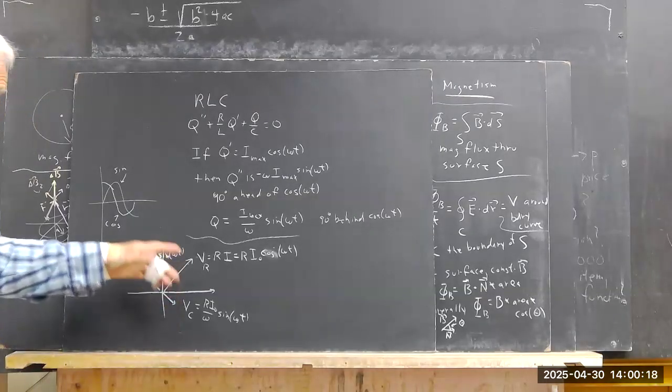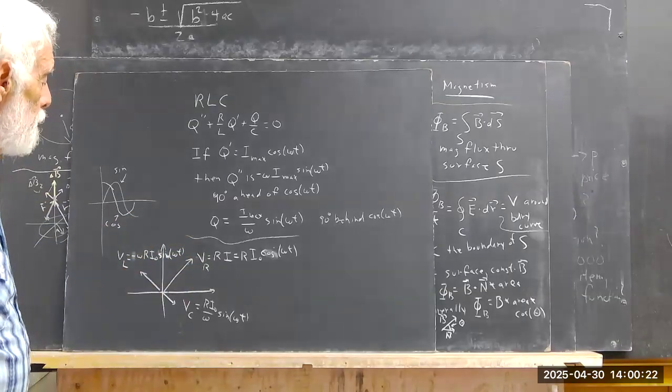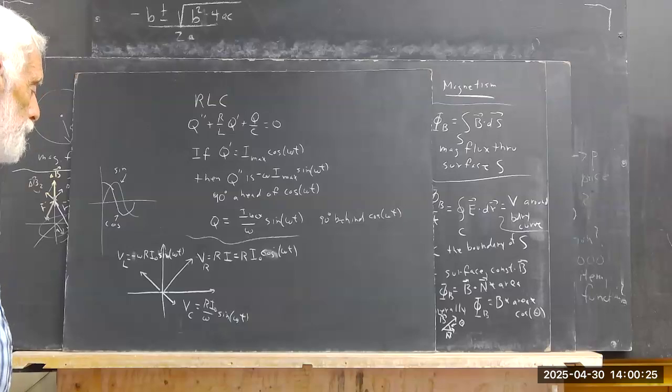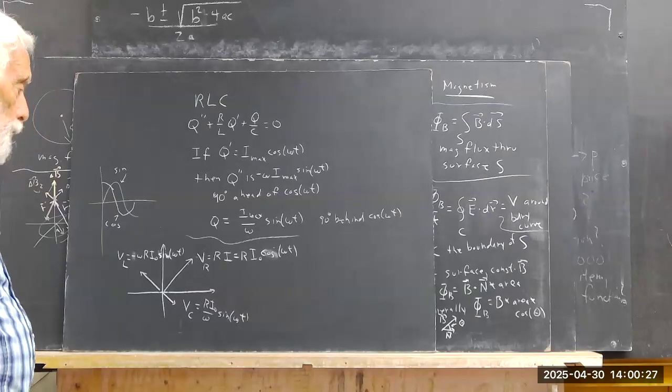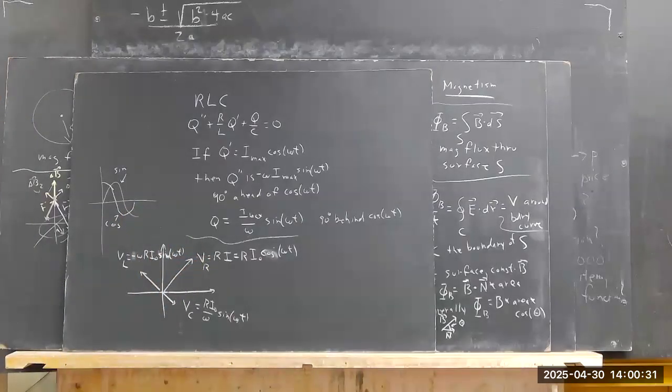And VR is R I naught. This is your phasor diagram. These things rotate. Your net voltage is the vector sum of these, and we illustrated that last time.